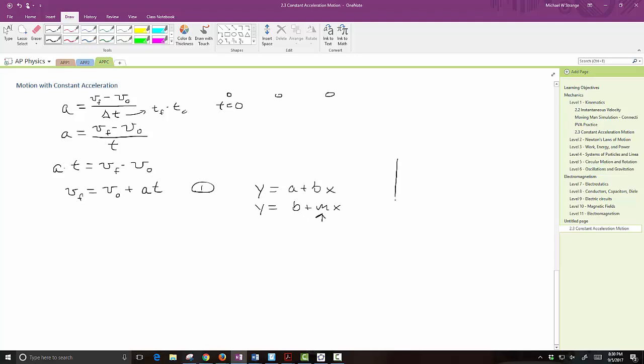So on a velocity versus time graph, the slope of the line equals the acceleration. And it's nice and constant with constant acceleration.